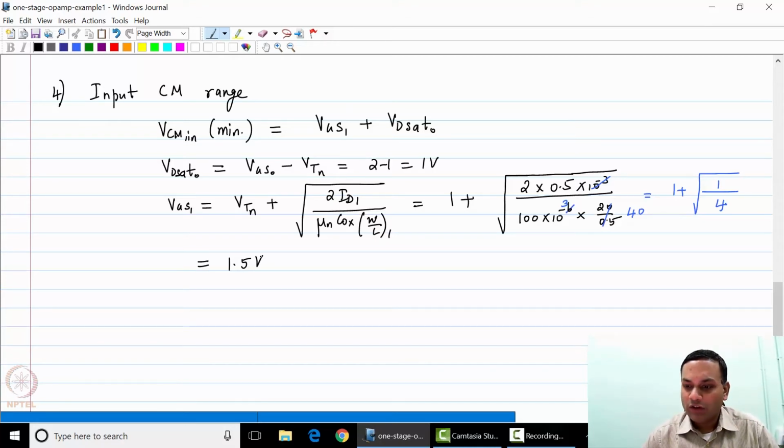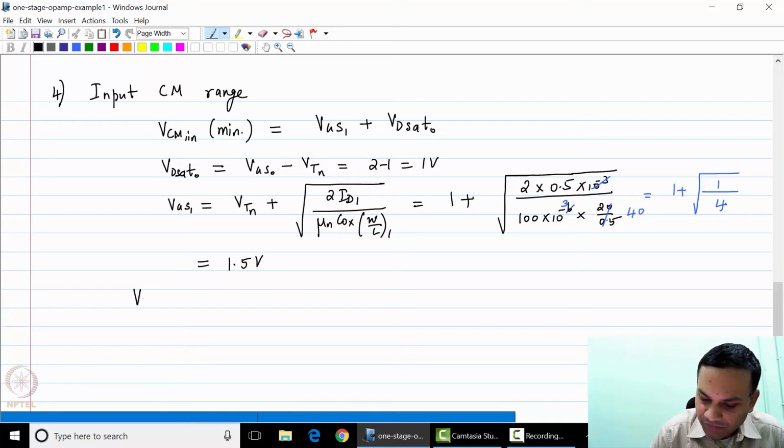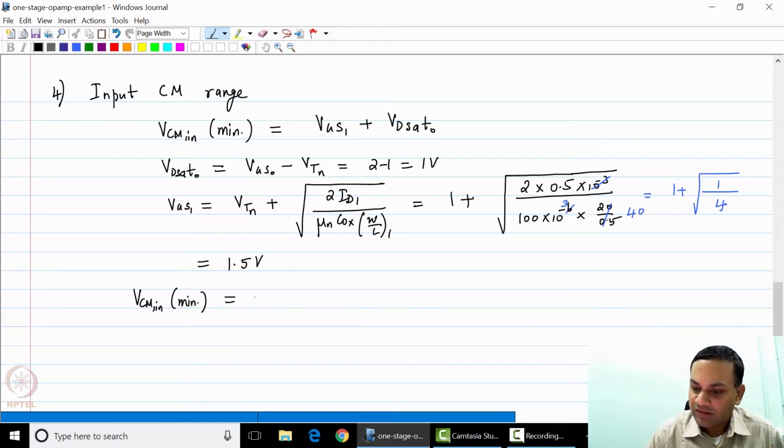So VGS1 is 1.5 volts, and therefore the input minimum common mode is 2.5 volts.